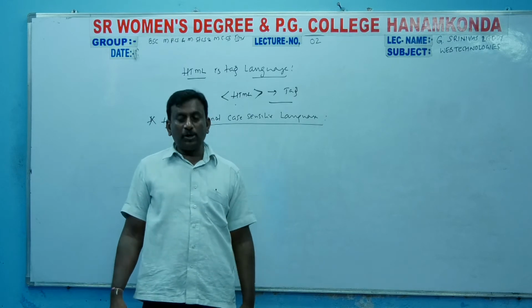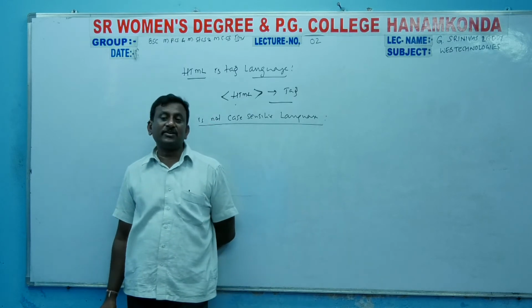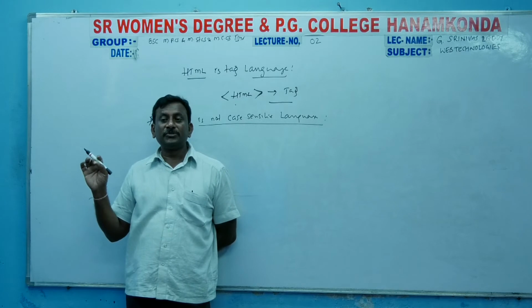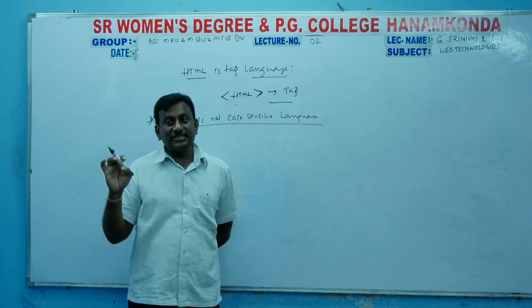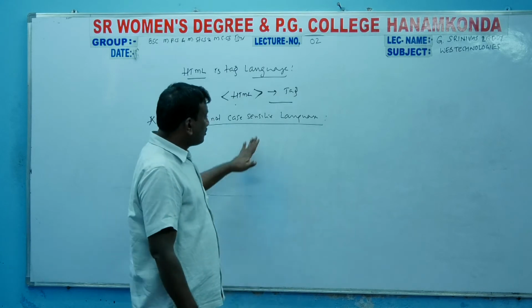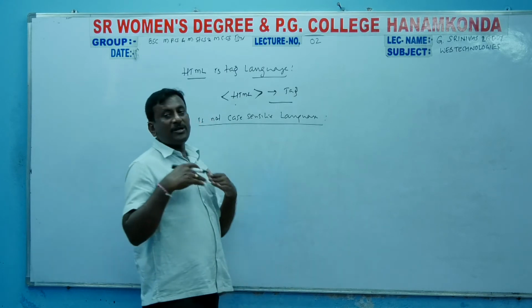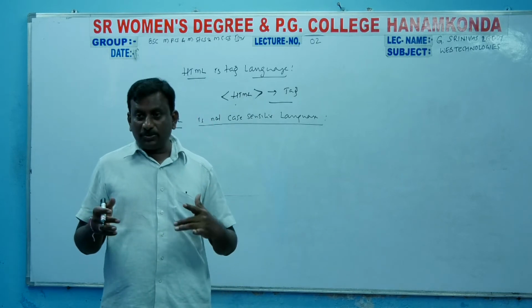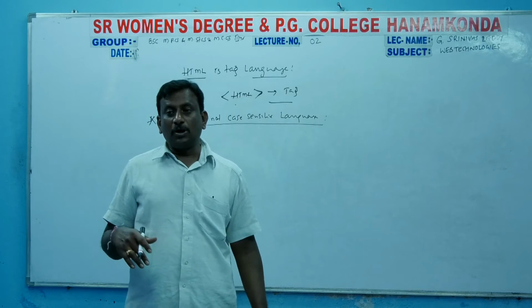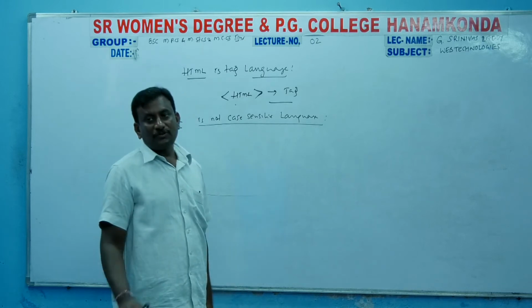For example, in a programming language like C, if you write a program, it is case sensitive, meaning you must write only small letters. But HTML is not case sensitive, so you can use totally capital letters, totally small letters, or a mixture of capital and small. That is a not case sensitive language.